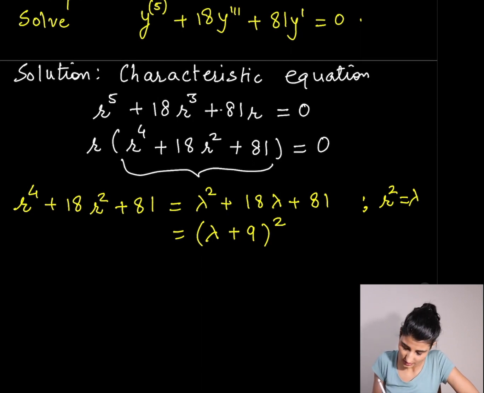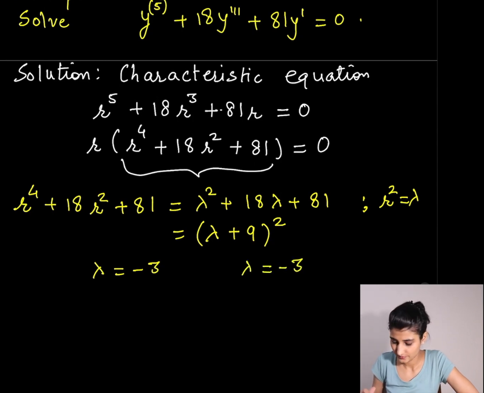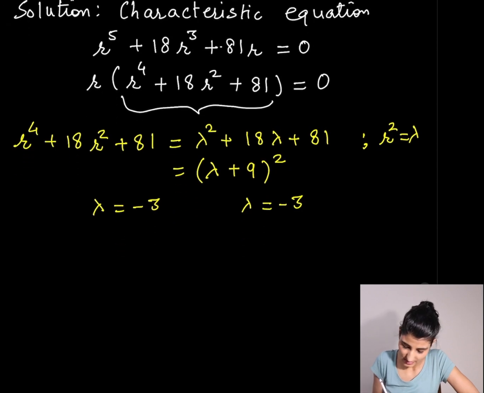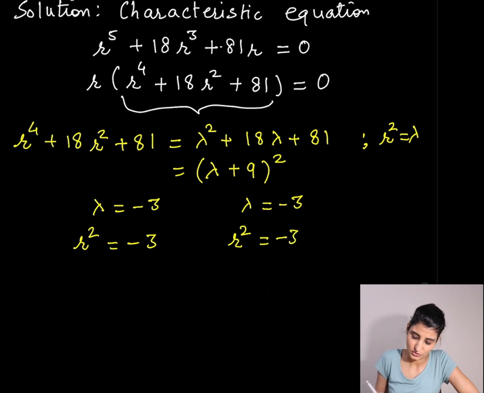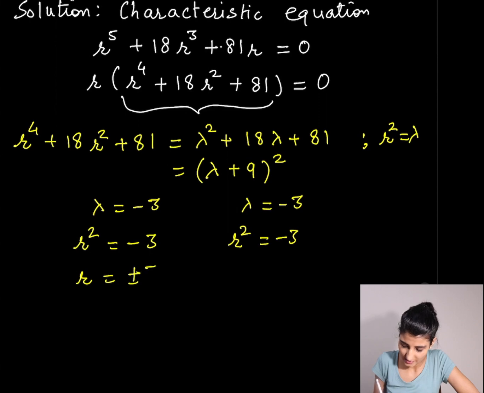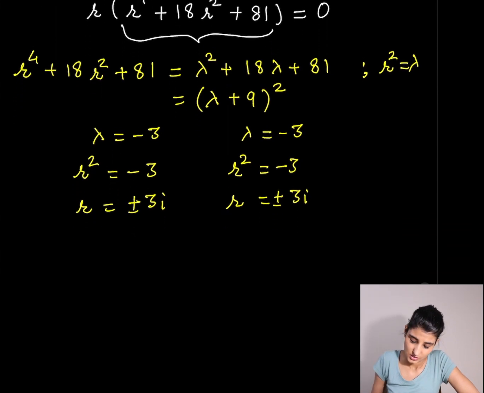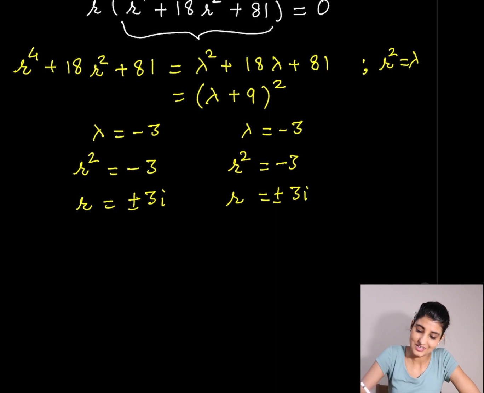So from here we have lambda equal to -9 and lambda equal to -9, these two roots. But lambda is equal to r square, so r square equal to -9 and r square equal to -9. If you take square root both sides, r equal to plus minus 3i, r equal to plus minus 3i. These are the roots. So let's collect all the roots.